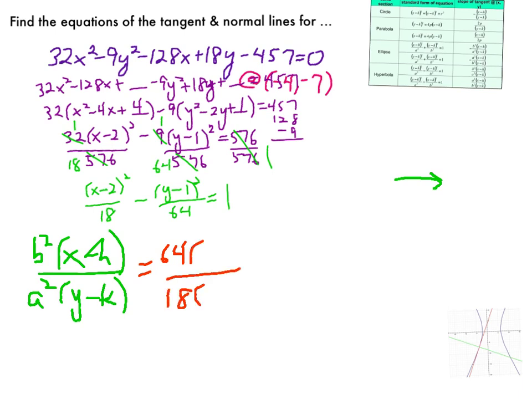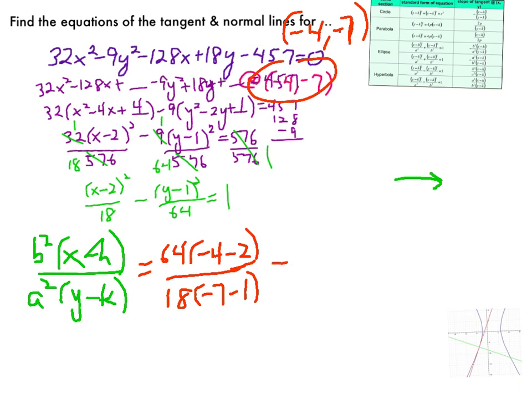Don't forget where our x and y values are. Alright, they're up here. Let me rewrite them up here. Negative 4 comma negative 7. So our x value is negative 4, and our y value is negative 7. Our h value is 2, so subtract 2, and our k value is 1, so subtract 1. After you do the math here, this slope simplifies to 8 over 3. That's the slope of the tangent line.